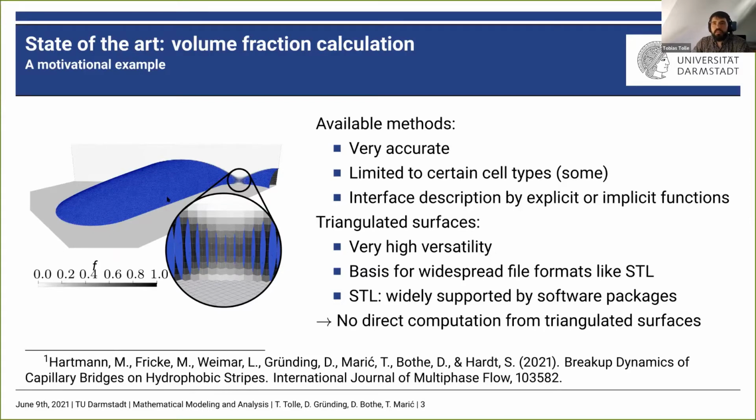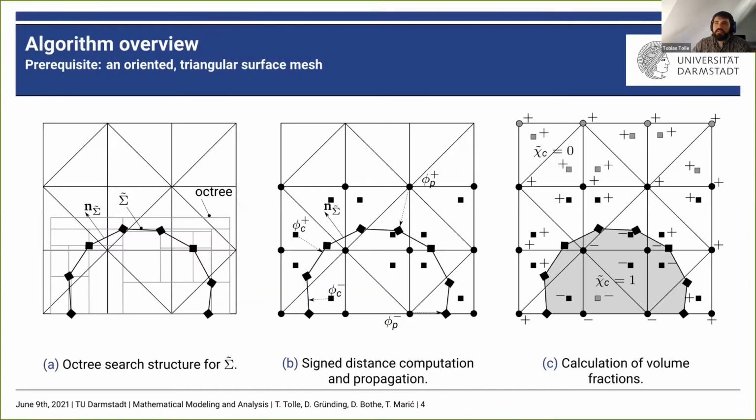The experimenters provided him this blue surface as an STL file, and he recognized that they had no tool at hand, or not even a method, to compute the volume fractions from this surface file, which was quite puzzling because with triangulated surfaces, you have a very high versatility in what kind of surfaces you can approximate. Also many software packages support file formats like the STL, which can save triangulated surfaces. And this is where our method comes into play.